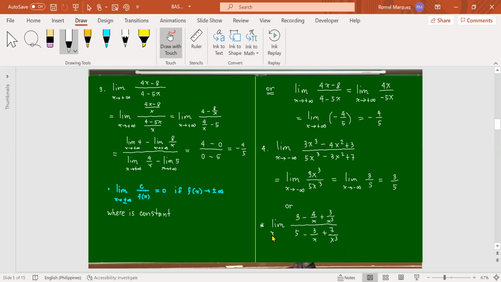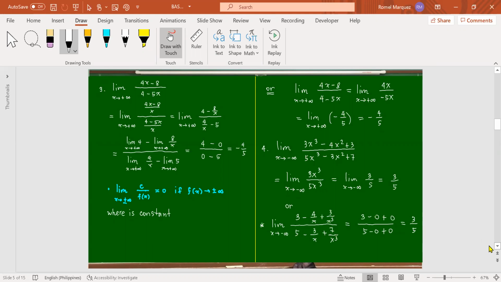Okay? So as x approaches negative infinity, limit ng first term 3, limit ng second term 0, kasi 4 over very big, whether negative or positive, going to be 0 also, no? Plus 3 over very big, so that is going to be 0 also, all over 5 minus 0 plus 0. Okay guys? So that is 3/5.